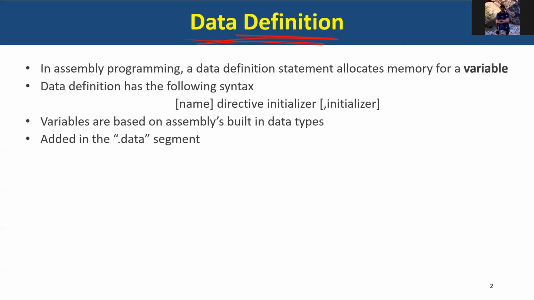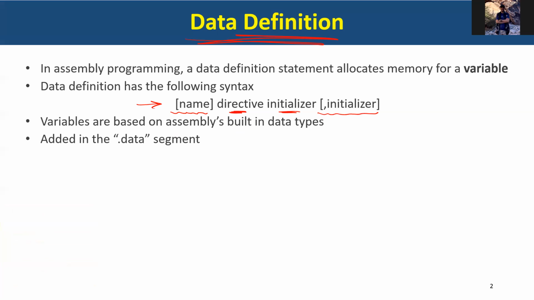It has some syntax: adding a name, then a directive to tell the assembler this is data, then an initializer to initialize the data values. In an array, for example, you might have multiple locations, and for each location there will be some value, so you should separate them by a comma.